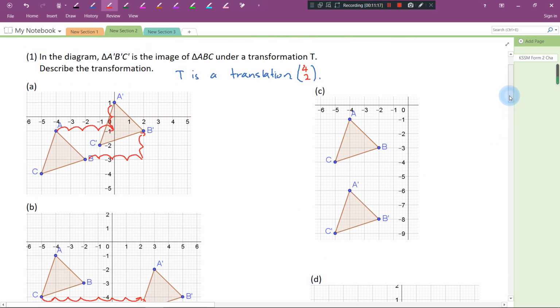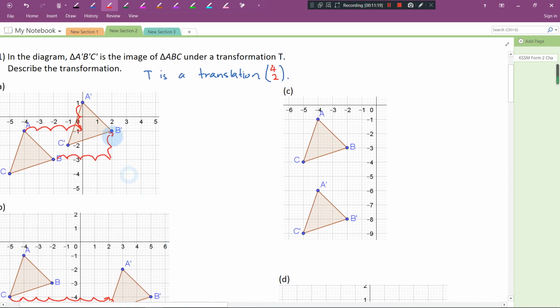Okay, so now we try this one. So this is a translation. Put a parenthesis, and now we are going to fill in 2 numbers here. Remember, start from the object.